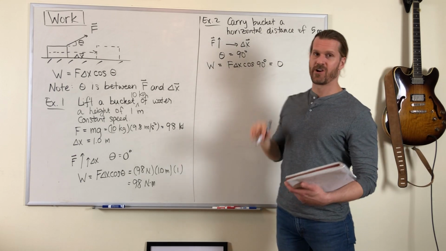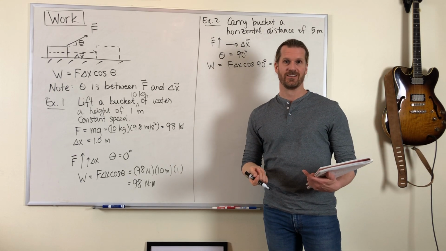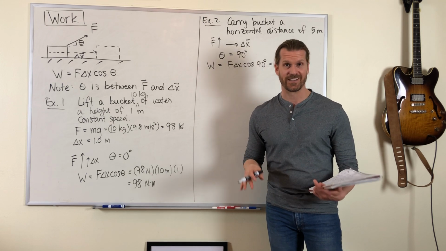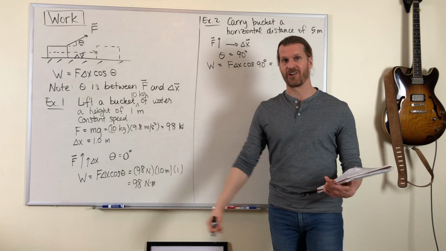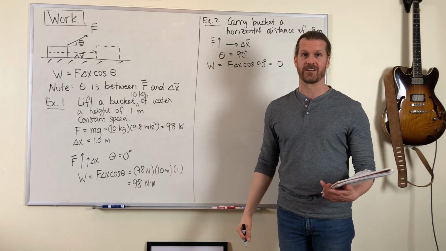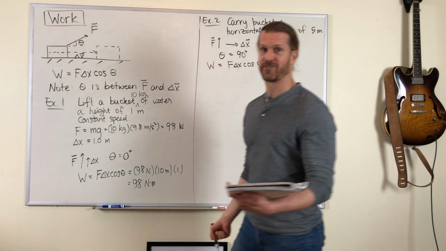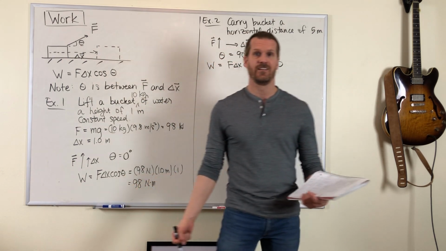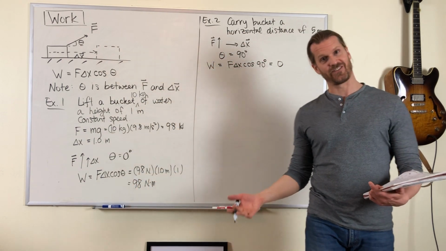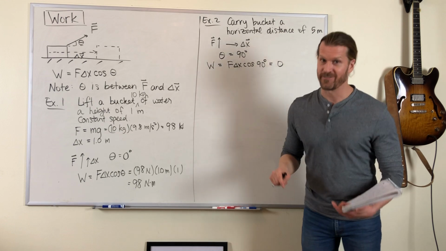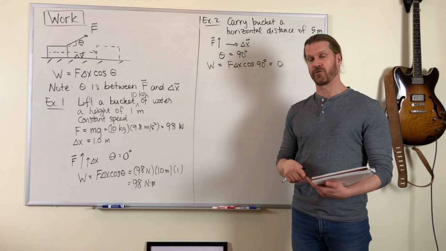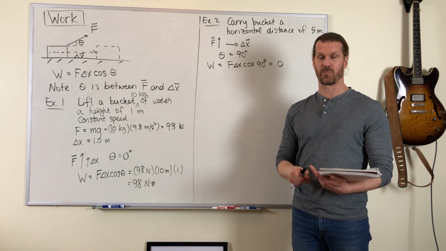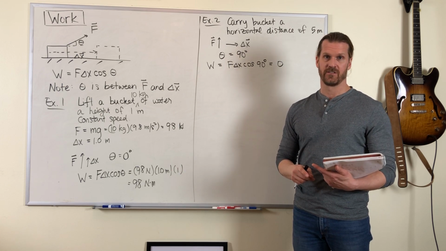And this is really where the physics definition of work is completely different from your everyday definition of work. Because in real life, if you're carrying a heavy bucket of water, you're like, I'm doing a lot of work carrying this water around. But according to physics, in our definition of work, you are doing 0 work, as long as the force and the displacement are perpendicular to each other. 0 work is done.